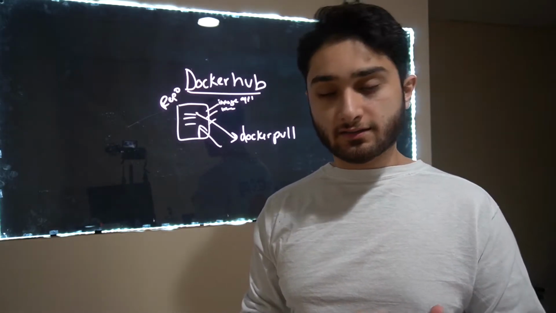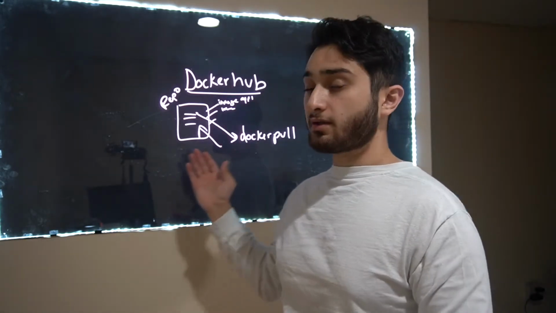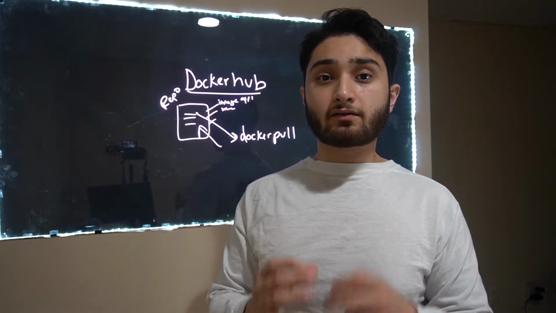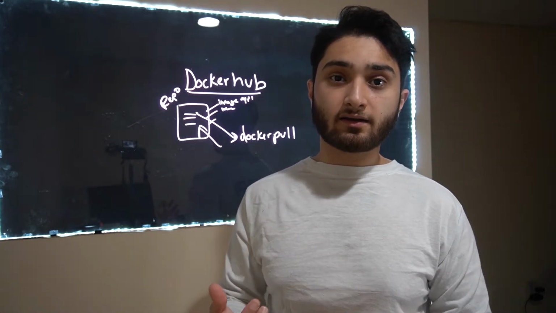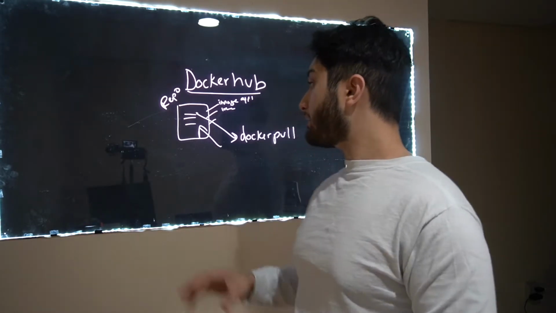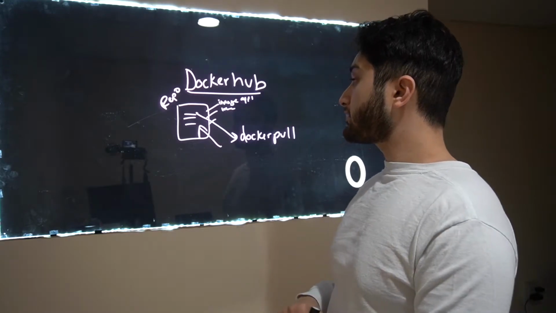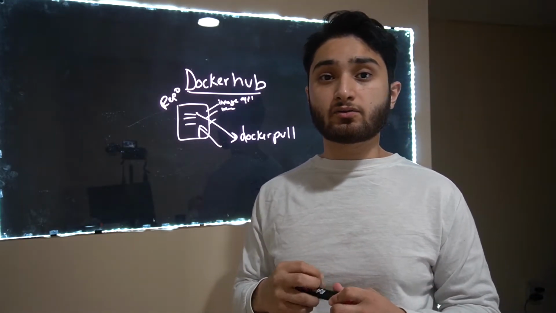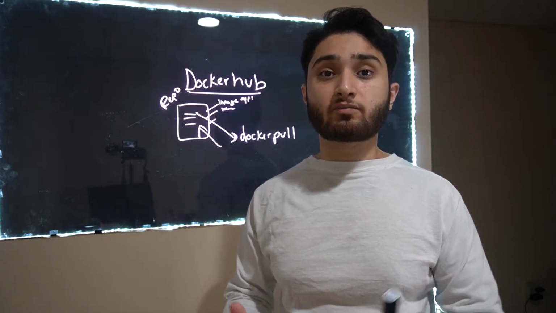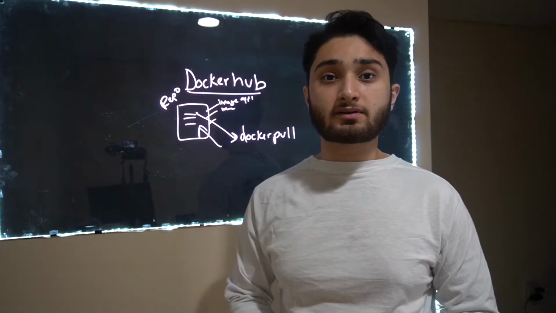So what we do is we pull an image from Docker Hub and then we run it on our computer. When we run the docker run command, it actually creates a container, and that container is based on that template or that image. So imaging is really a nice way to version control your application. We'll be talking a little bit about tagging, which is how you specifically are able to recognize what images you've pushed and pulled. And we'll talk a little bit about how to start and stop containers.